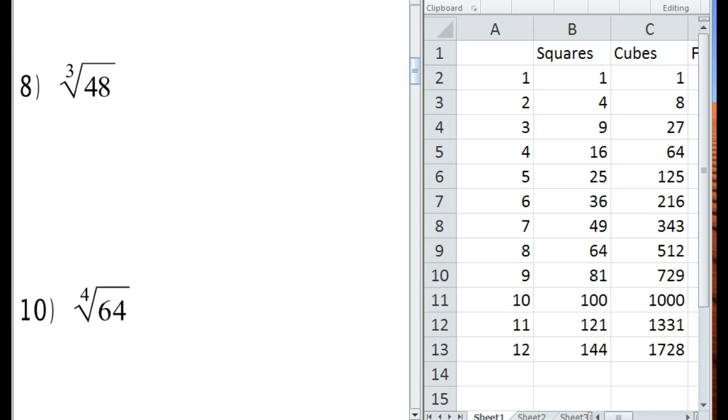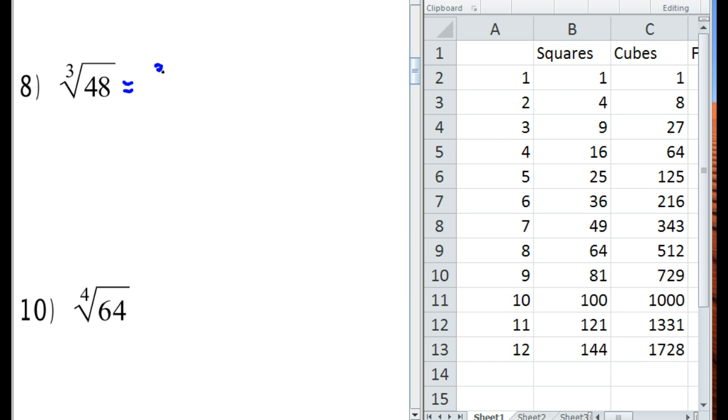Okay. Try 48. Try to do this one on your own. See what you get. Calculator's handy, right?